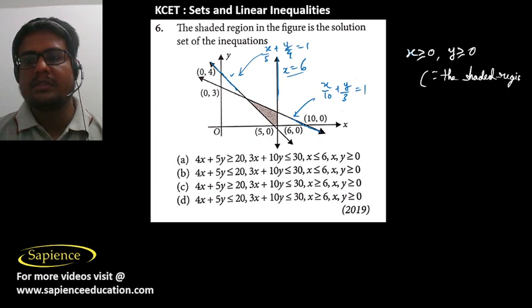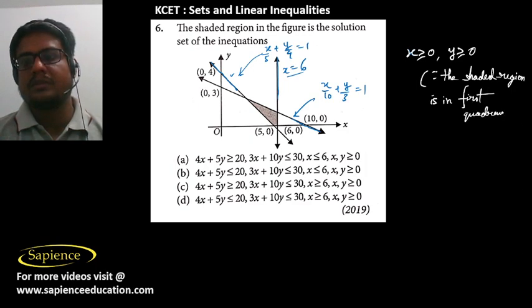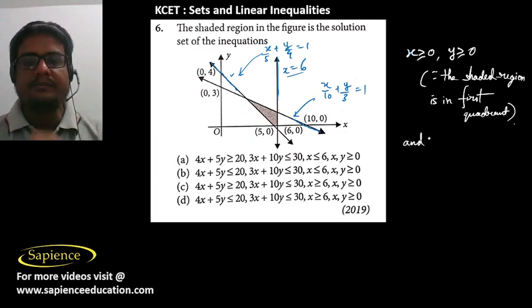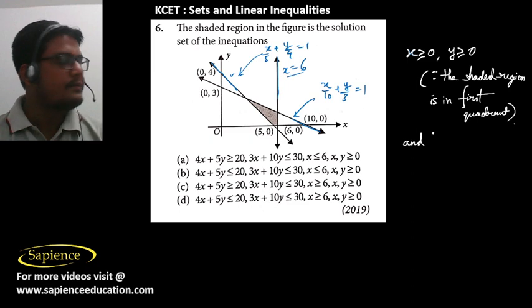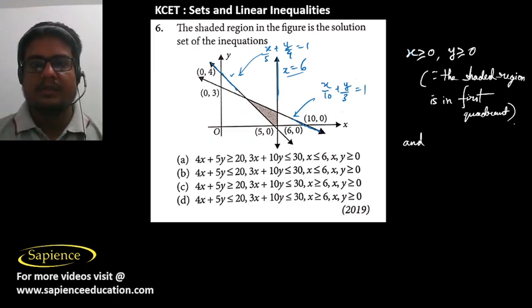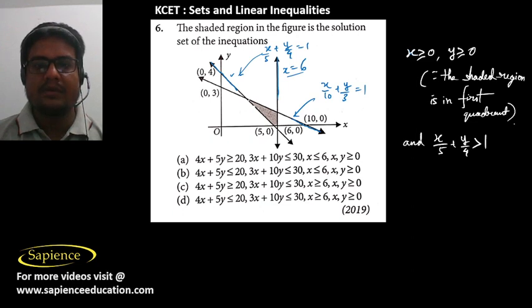And here for this straight line the origin should not satisfy, so therefore we should write x by 5 plus y by 4 should be greater than or equal to 1, since the shaded region is away from the origin.